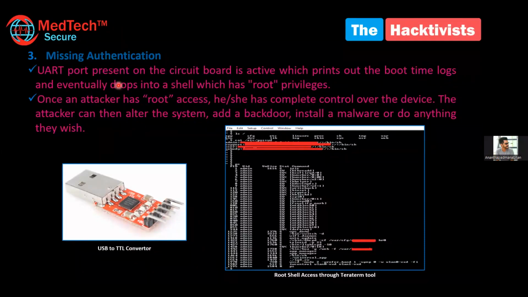For this missing authentication example, imagine the device you're testing has a UART port or uses the UART protocol. What testing points do we need to find? We have to mark the receiver and the transmitter. The receiver of the UART point will be connected to this TTL converter.